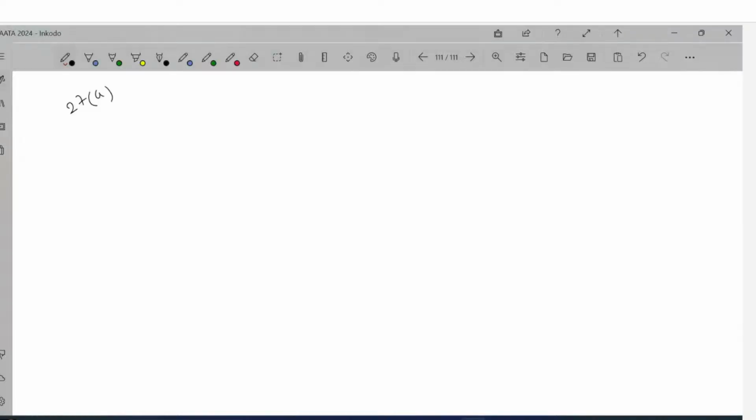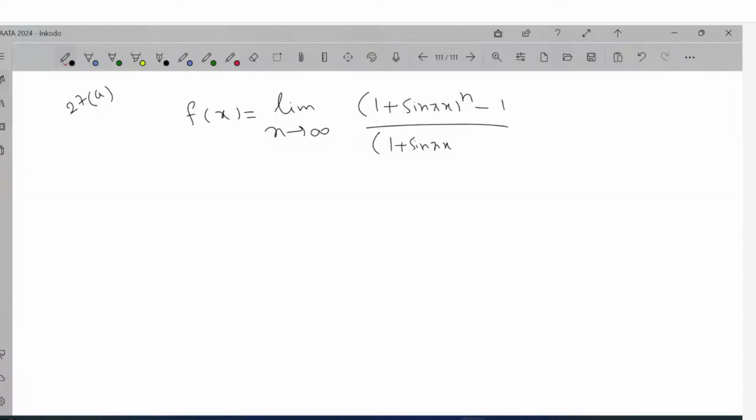We have f(x) equals the limit as n tends to infinity of (1 plus sin pi x) to the power n minus 1, by (1 plus sin pi x) to the power n plus 1, correct? You can see that it's well defined because whatever the value, it is 1 plus something, so it cannot be 0.